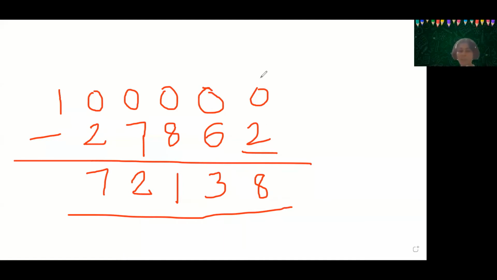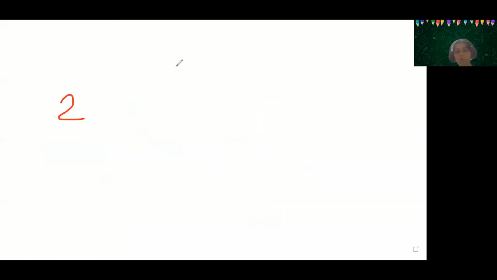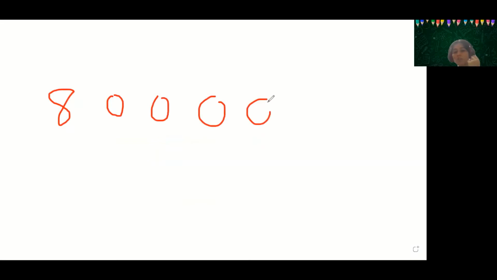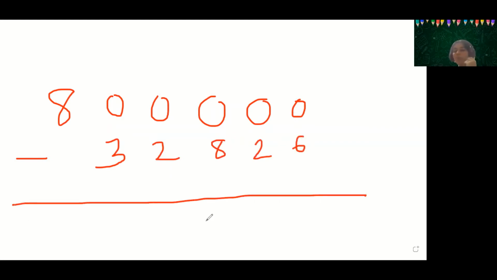Now, if we have secondary bases, if the number is a secondary base, 800000 minus 32826. So what do you need to do?